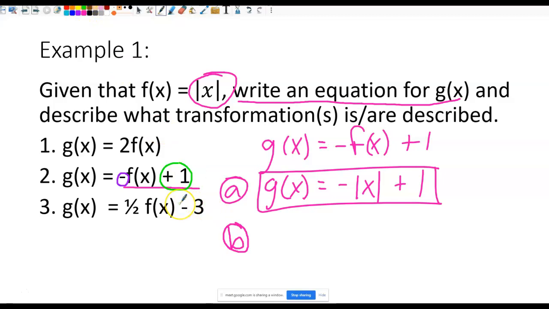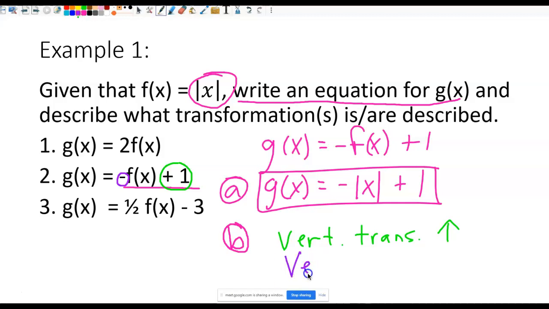So what happens to your function when you add a number to it? Well, that is a vertical translation upwards. It slides the graph upwards. What happens to your function whenever you put a negative in front of it?